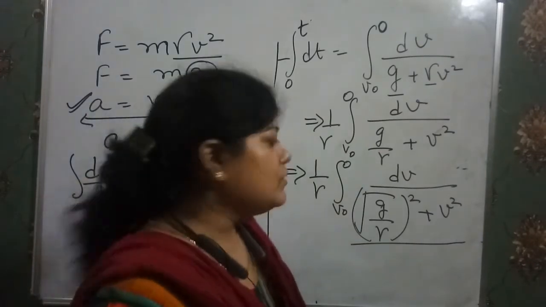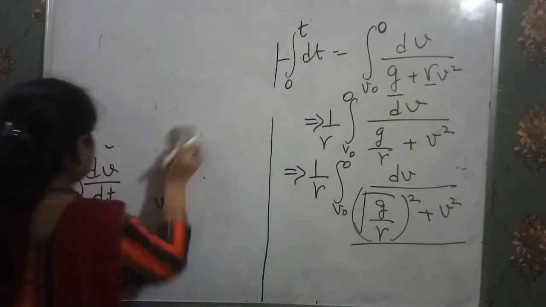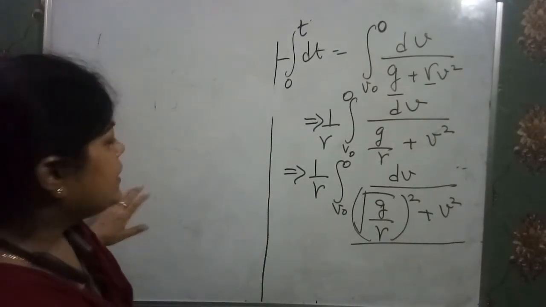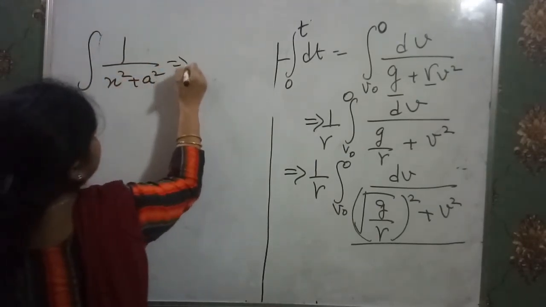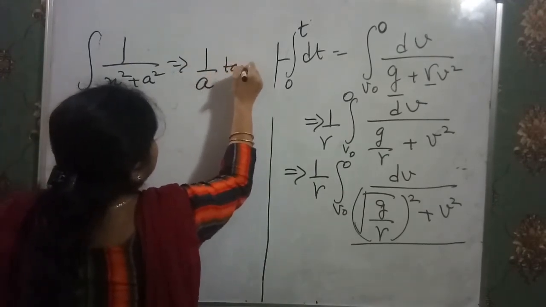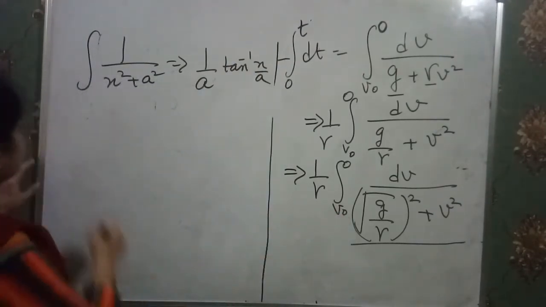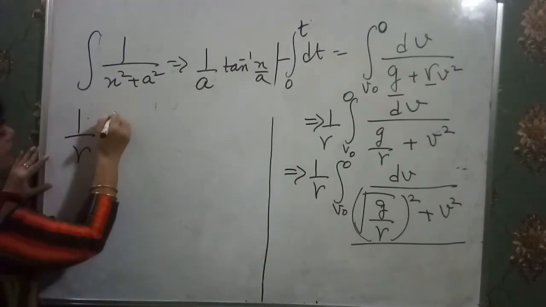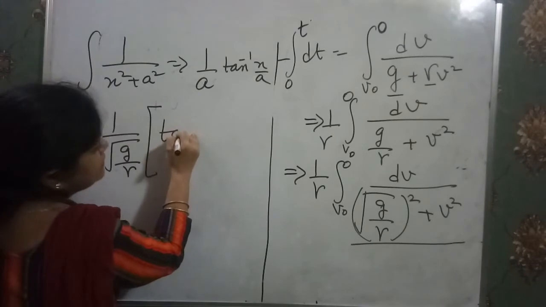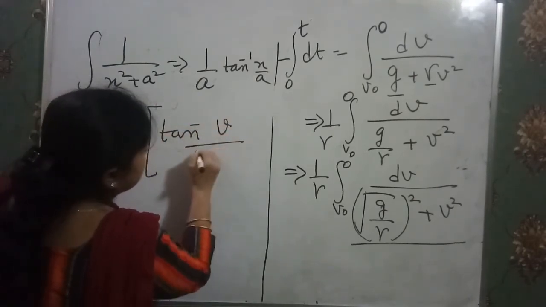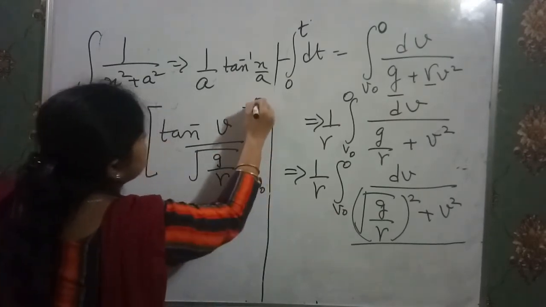I just remind you the formula: if we have the integration of 1 over x square plus a square, it is 1 over a tan inverse x over a. Now using that, we have 1 over gamma, 1 over under root g over gamma, and tan inverse v over under root g over gamma from v0 to 0.